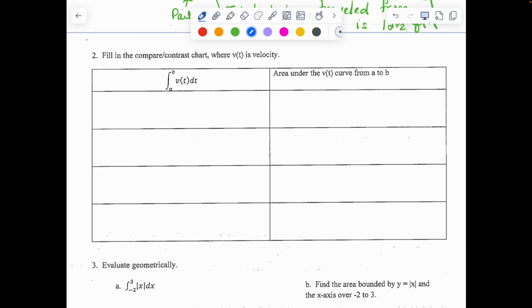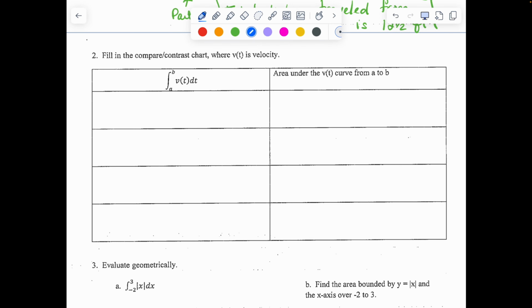So let's make a chart comparing some things. If we are finding our integral from A to B of the velocity of t with respect to t, the area under the curve from A to B is the other version of this. So the integral and the area under the curve are not the same thing.